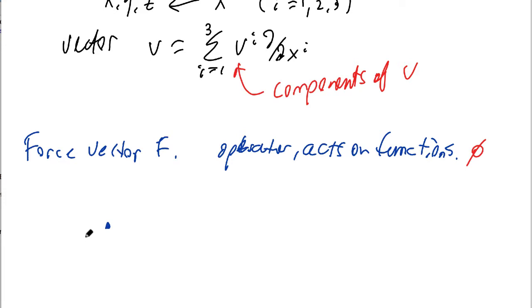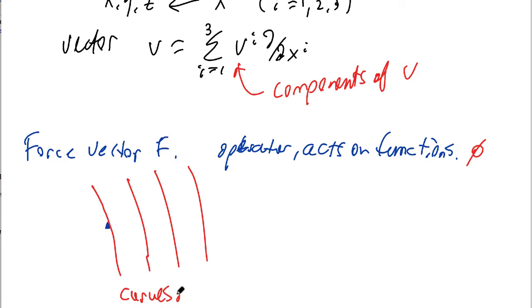And we can draw the curves of constant phi. So let's say these are the level surfaces or curves of constant phi. Now with the line element, we can determine the direction in space along which phi changes most rapidly. All right, so let's say that's this direction right here.